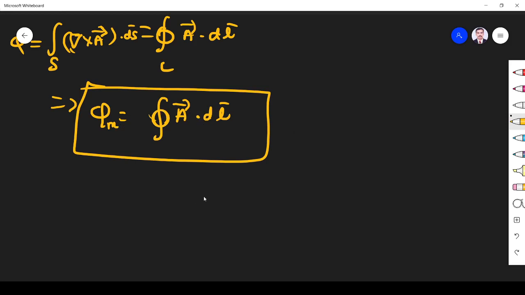This is what this equation is telling. This is more or less similar to one more equation we studied in electric field, closed integral E dot dl is equal to 0.